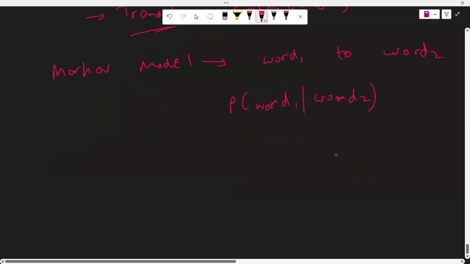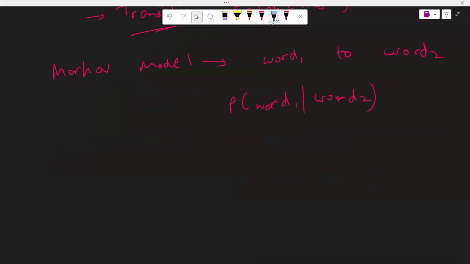It should be the probability of word two given word one, right? Probability of word two given word one.